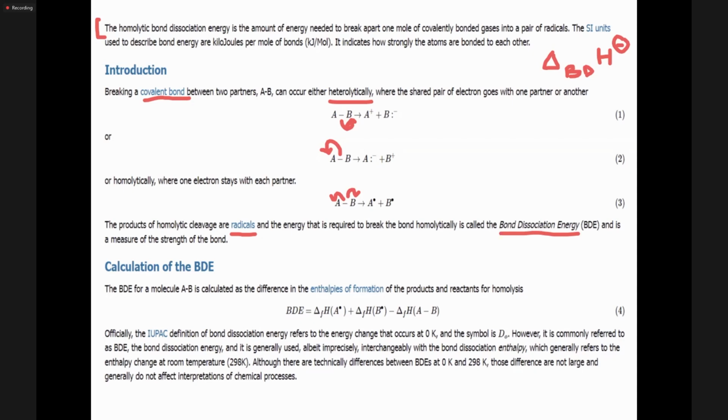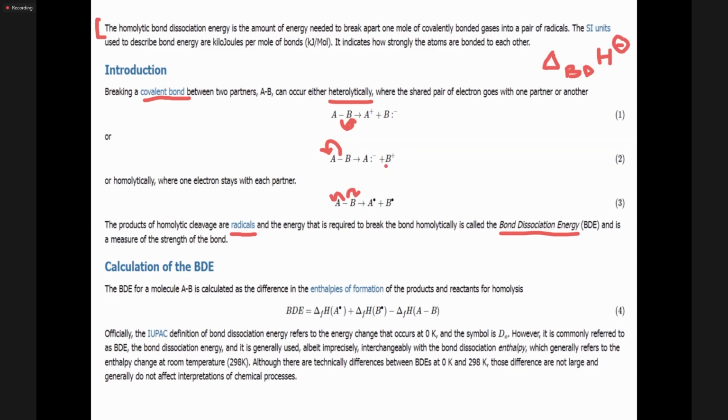BDE is a measure of the strength of the bond. I guess you have got an idea about the bond dissociation energy. So here we are talking about BDE.